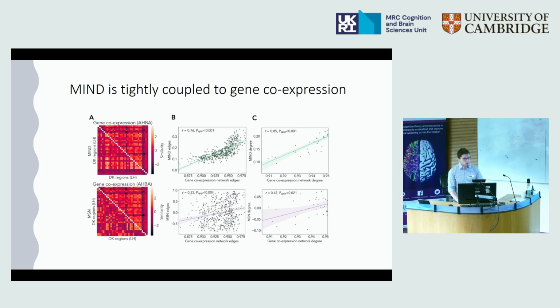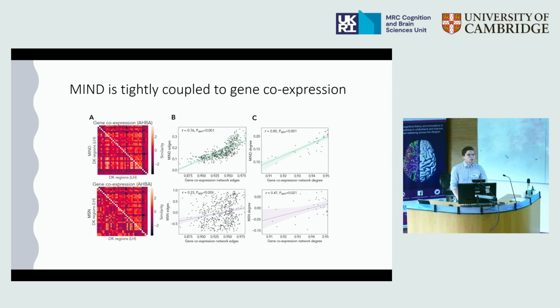So indicating a much stronger relationship between structural similarity as measured by this MIND approach and gene co-expression as compared to MSNs. Ideally, this indicates that it is capturing something more about how the cortex is organized in terms of its spatial gene expression patterns than MSNs.